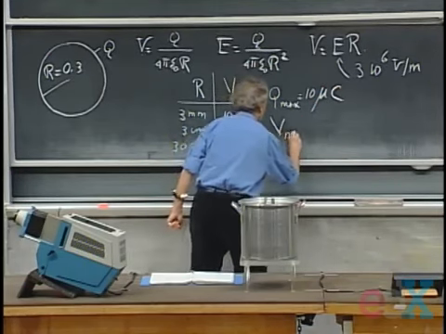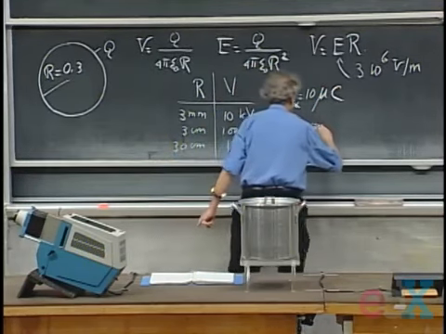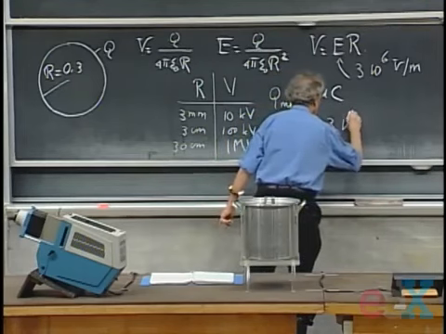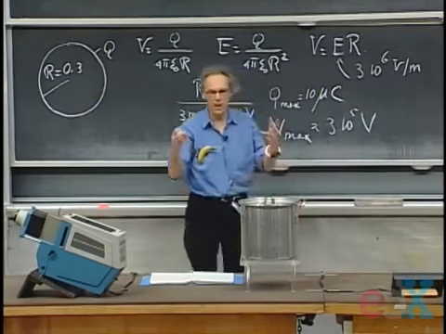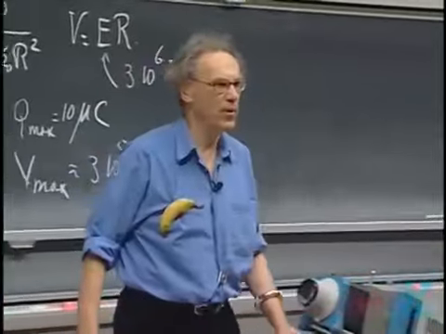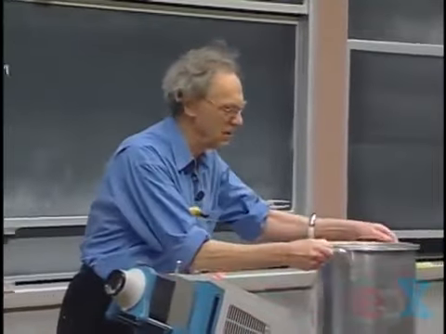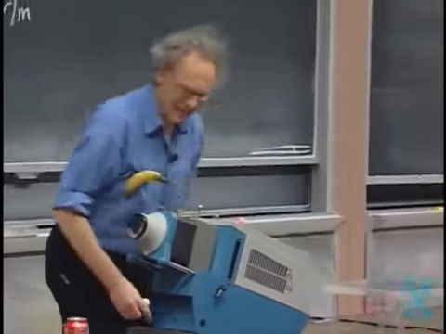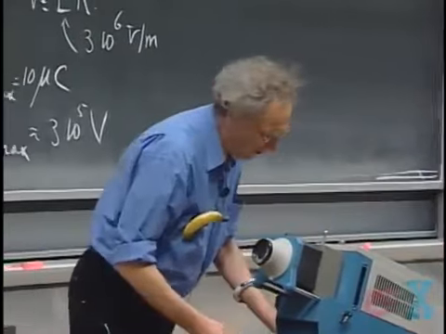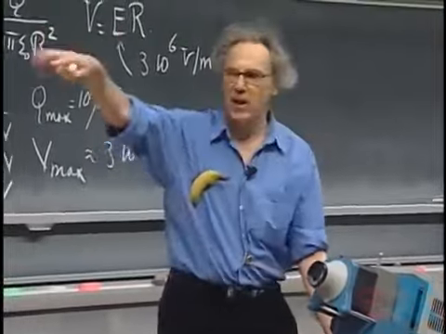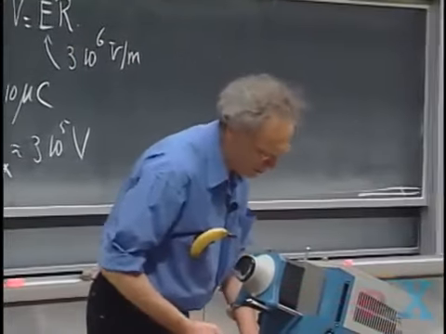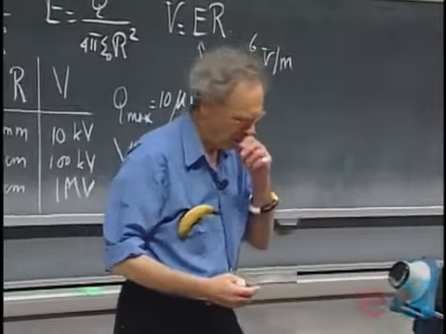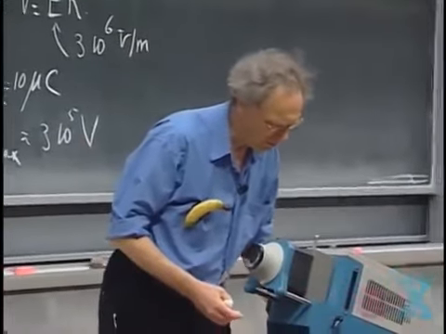And so the maximum potential for our Van de Graaff is of the order of 300,000 volts. So this gives you a quantitative feeling for numbers. This gives you an idea of what our Van de Graaff can do, and later we will understand how the charge gets there. But at least you have some feeling now for potentials and for the charges that are involved.